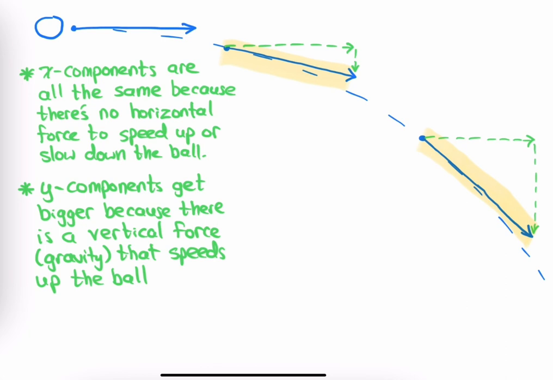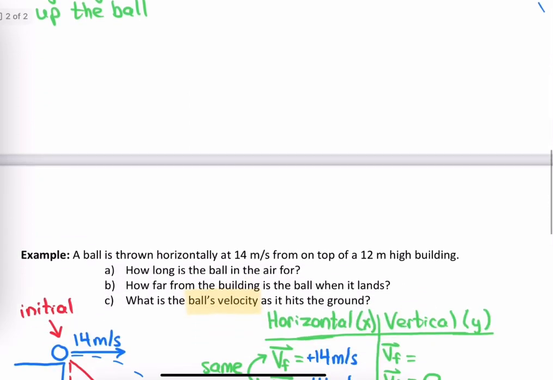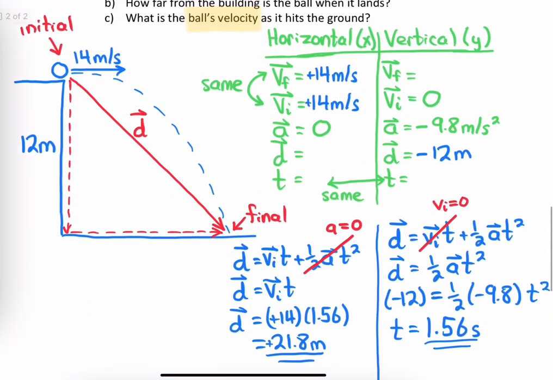And it's that angled velocity, that blue arrow from this diagram, that I want to know. So the way I'm going to find that blue arrow is by first finding these components and then adding up to get this blue arrow as a resultant. So to find the total velocity, that blue arrow, I'm first going to make sure I have these two components, and then I'm going to add them together.